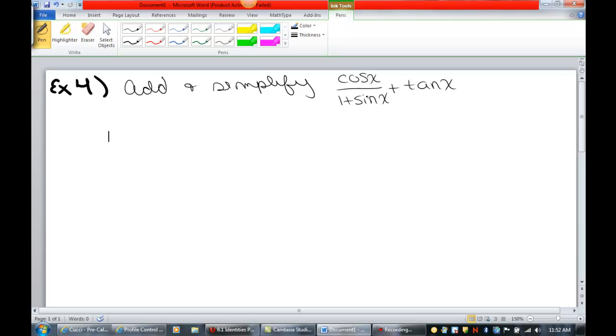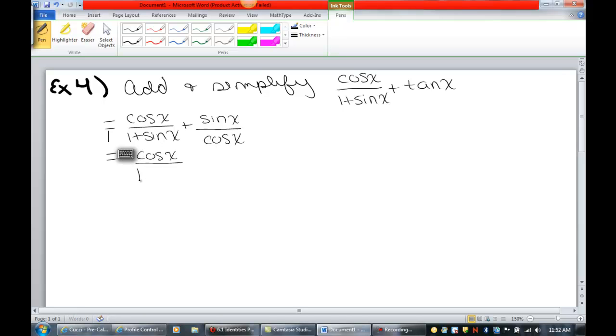So I'm going to start by adjusting that tangent. And we know tangent is sine over cosine. Okay. And since I'm adding fractions, I probably am going to want a common denominator.